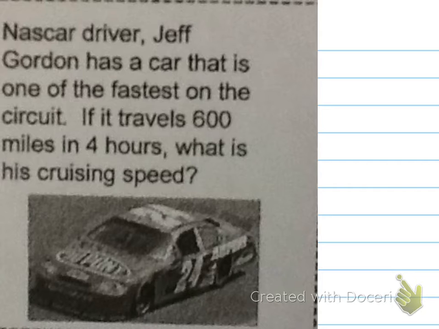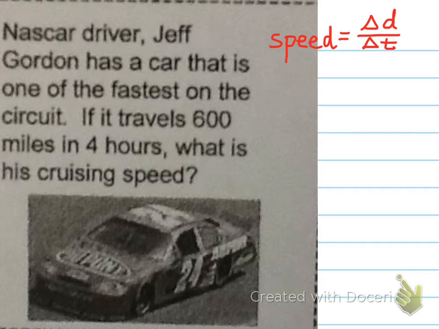So this first one says, NASCAR driver Jeff Gordon has a car that is one of the fastest on the circuit. If it travels 600 miles in 4 hours, what is his cruising speed? So our equation for speed, remember, is speed is our change in distance over our change in time.